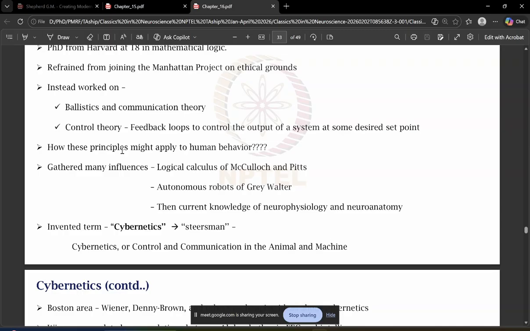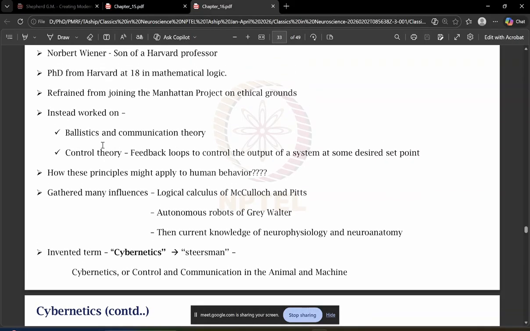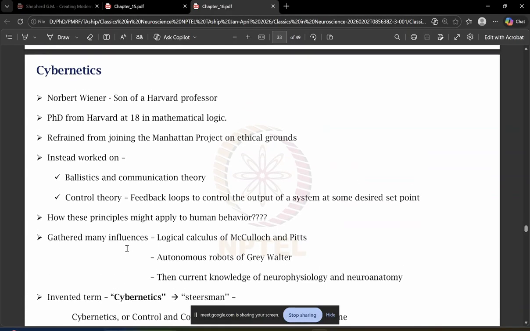Even in the hypothalamus pituitary adrenal axis, we know that there is a feedback loop. So both animals and machines, he showed. He defined the term cybernetics for such feedback loops to control the output of the system.